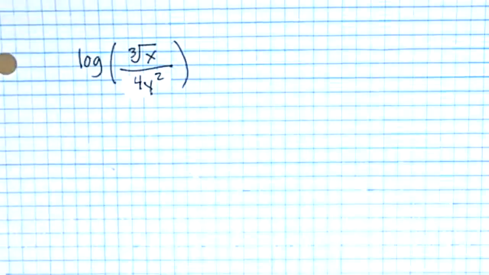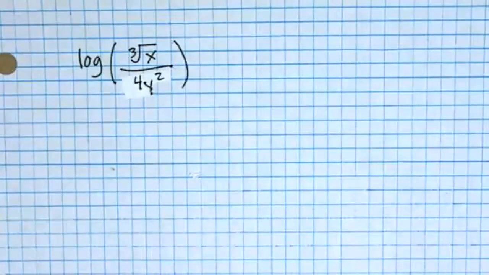Would you be able to split this up into multiple logs, addition, subtraction, no exponents or radicals in your final answer? Do you feel confident that you could do that?